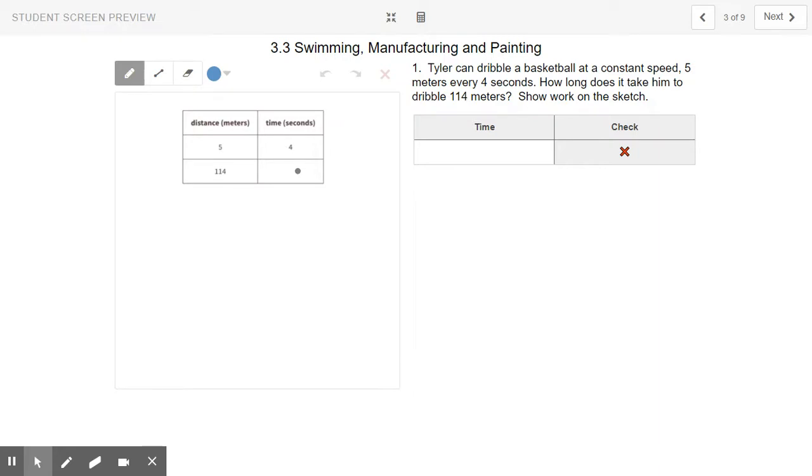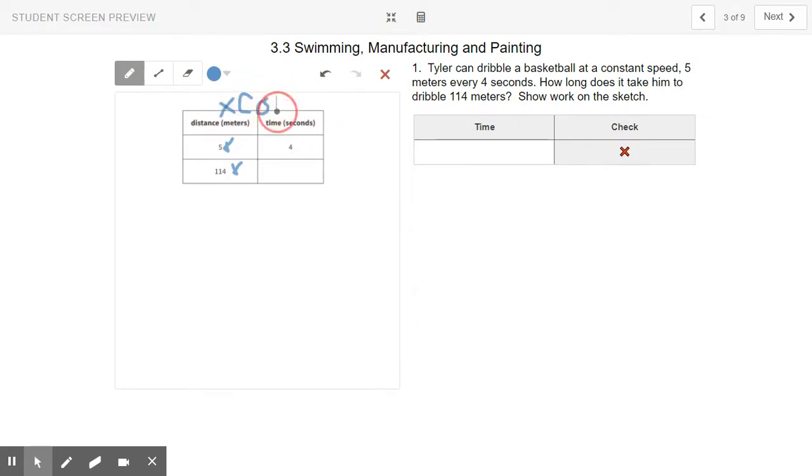Now, I'm going to be using the idea of constant of proportionality. And this goes back to what we did in Unit 2. In Unit 2, we learned that if this table is proportional, we're always going to be able to multiply 5, and in this case 114, by the same number. We're going to be multiplying it by what we called the COP.